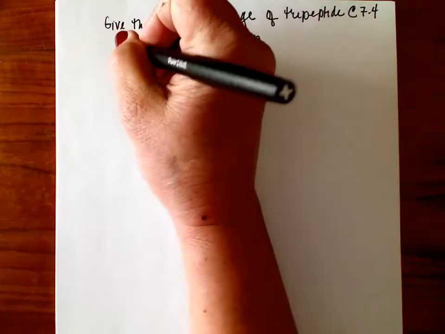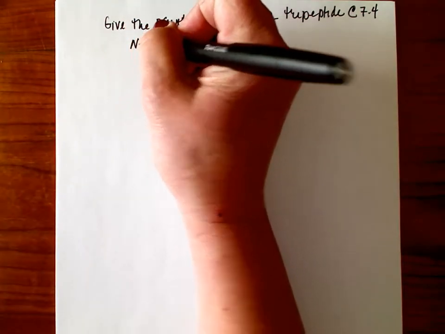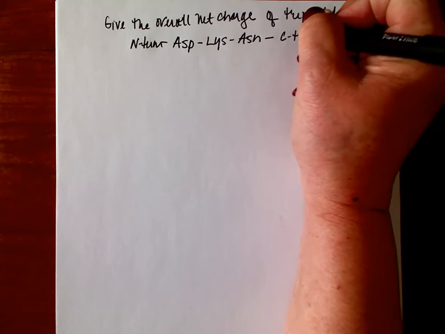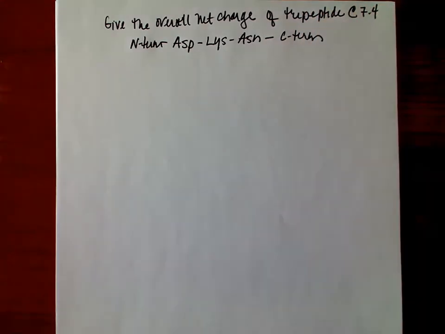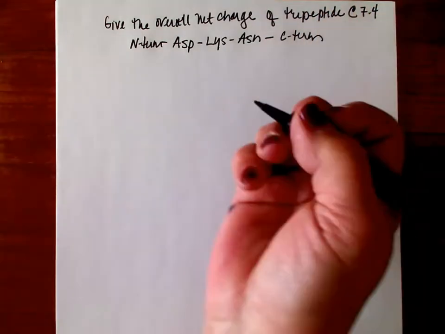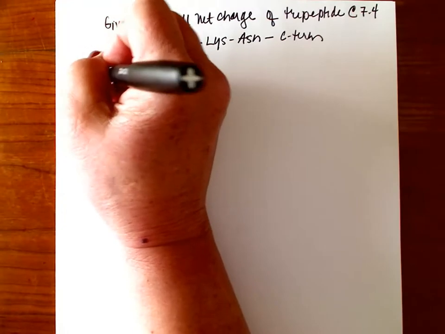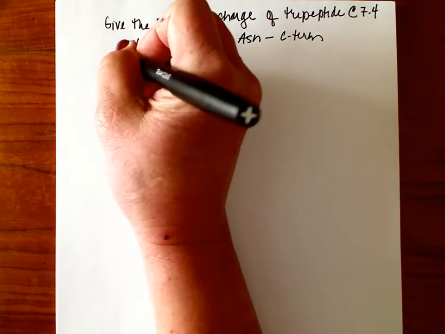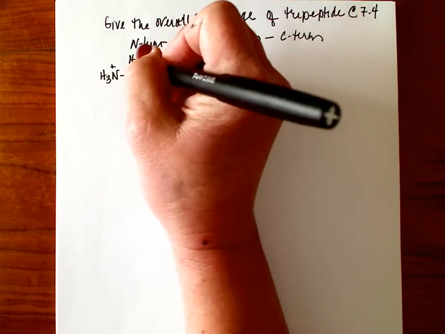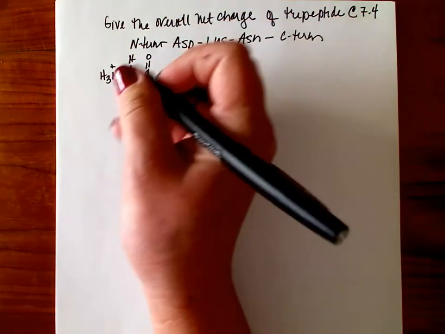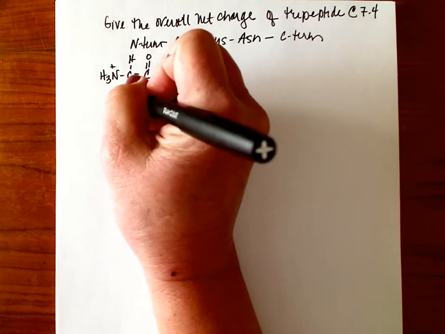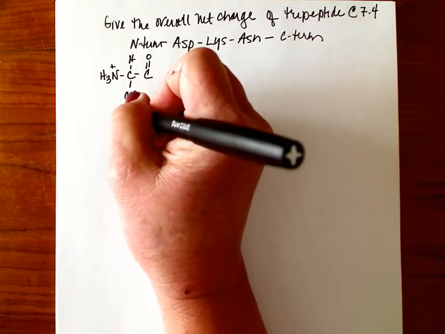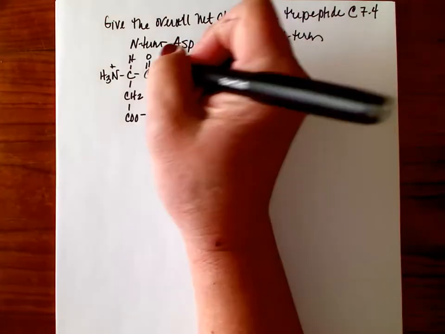Again, this is the N term, and this is the C term of this tripeptide. So the N term will be protonated, and at physiological pH, the side chain of aspartic acid will have ionized.